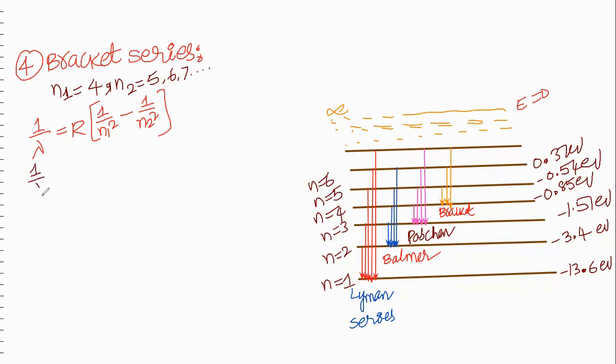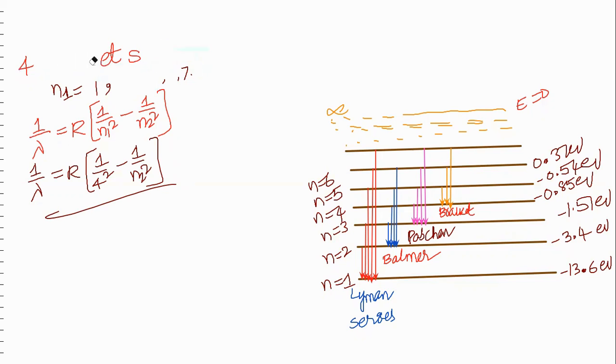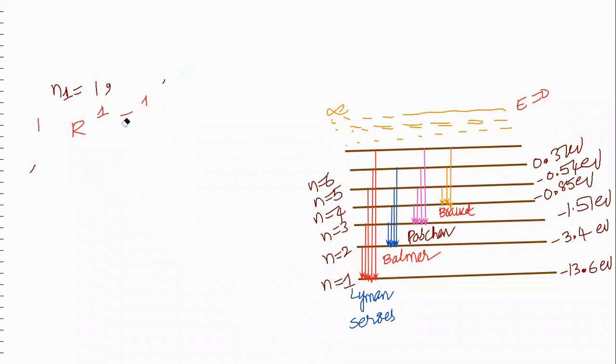That is 1 by lambda is equal to R into 1 by 4 square minus 1 by n2 square. Like this, the Brackett series. This Brackett series is in the middle infrared region.